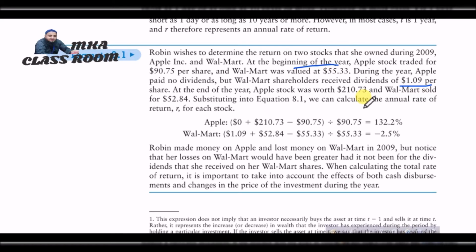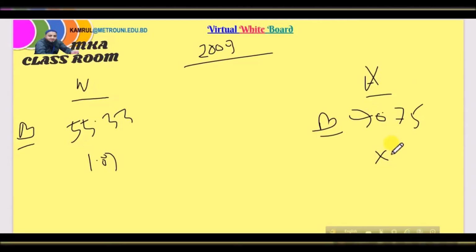At the end of the year, Apple stock was worth 210.73. Apple stock traded for 210.73 at the end of the period.